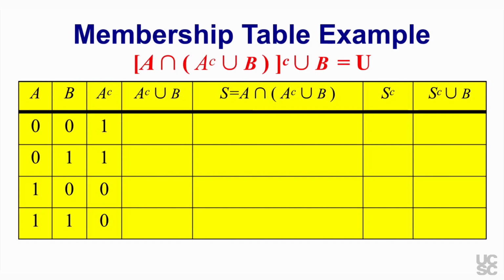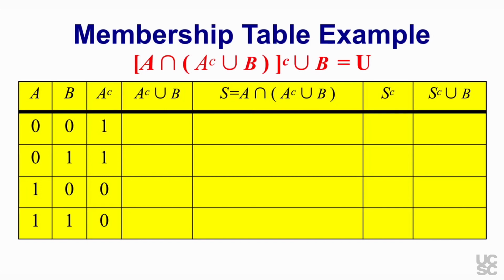To answer the question, we can simply go down the list of all the possible input combinations for our set membership and decide on a column-by-column basis the membership of the various parts of the description of the complex set, and then compare that with the universal set.